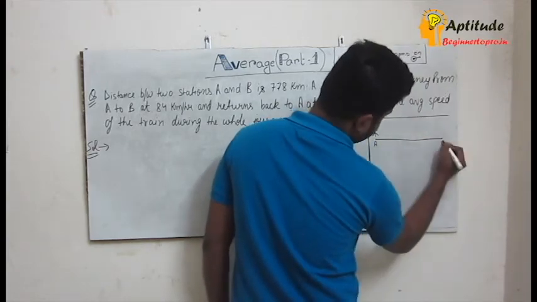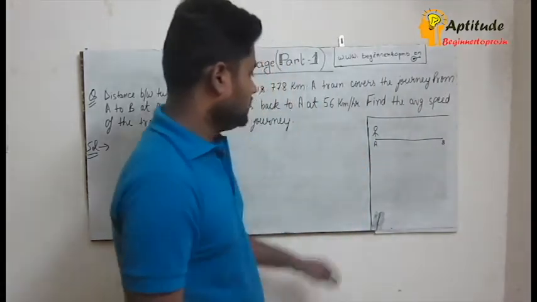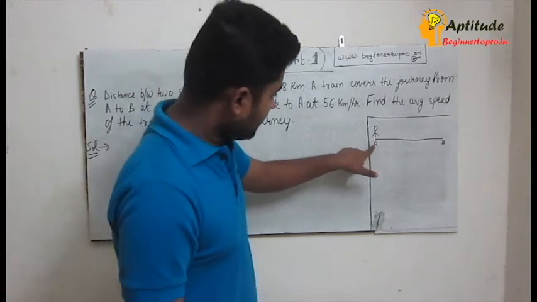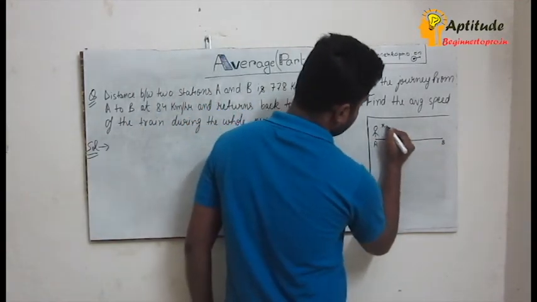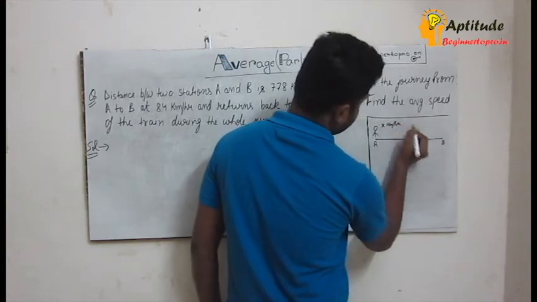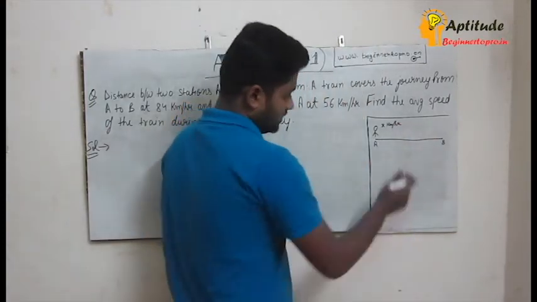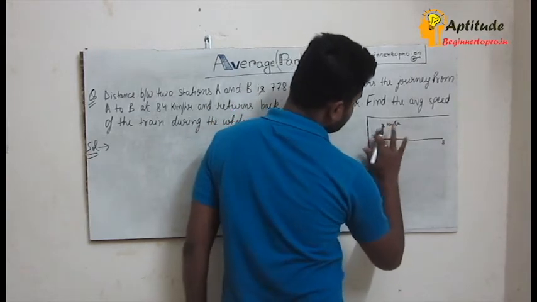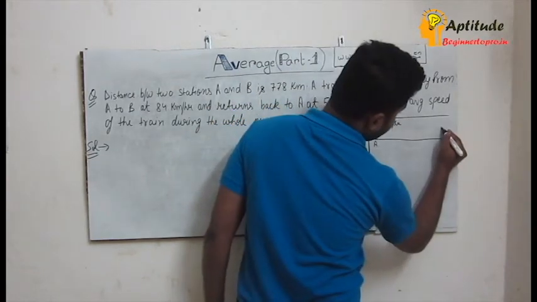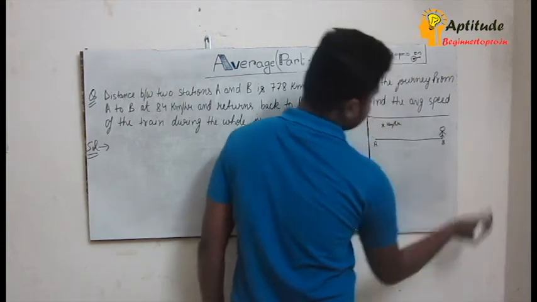This point is A, this point is B. Suppose this person travels from A to B at x kilometers per hour. Okay. Means after traveling at x kilometers per hour, this person now will be at point B.